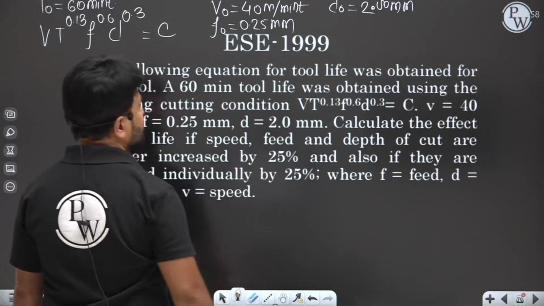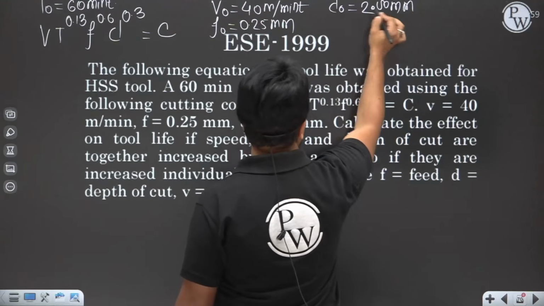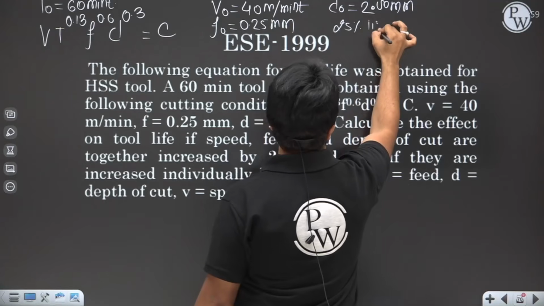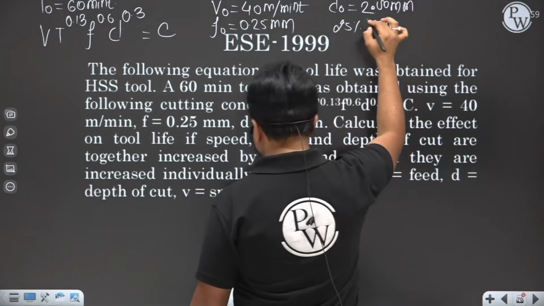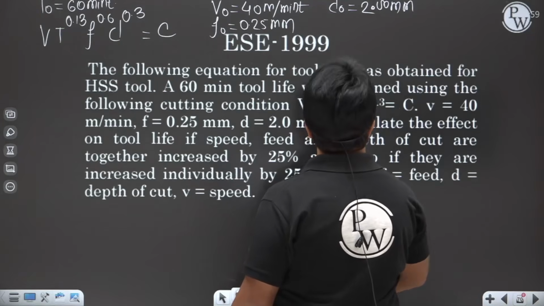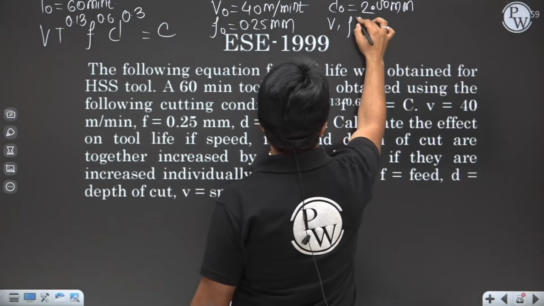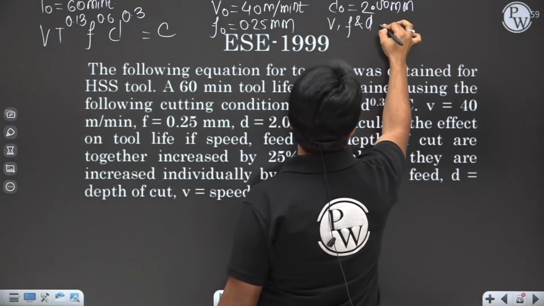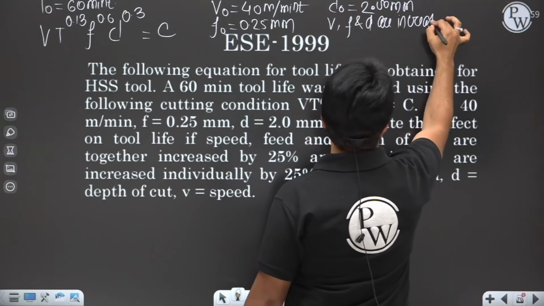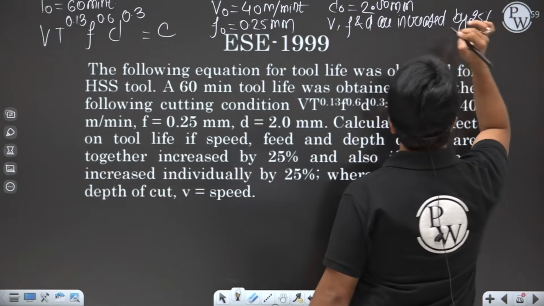Suppose we increase V0, F0, D0 by 25% together.